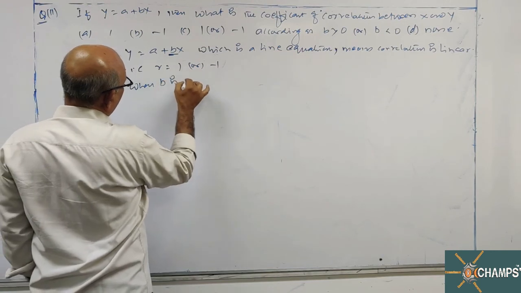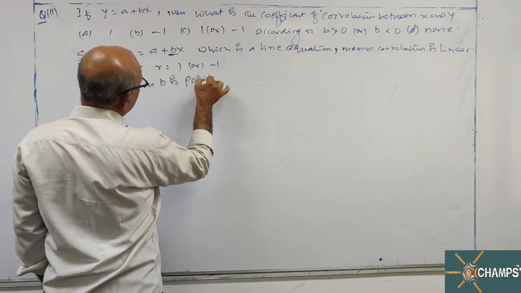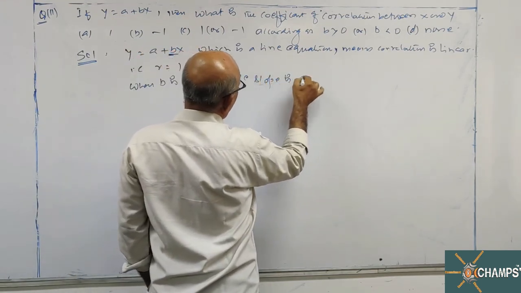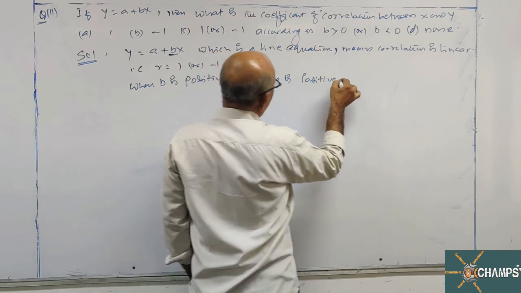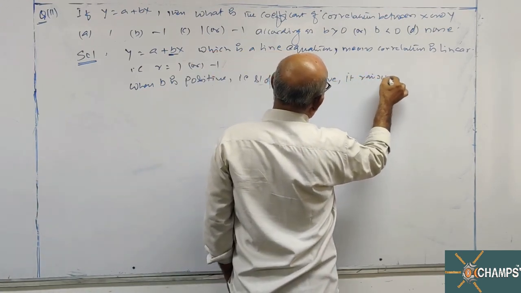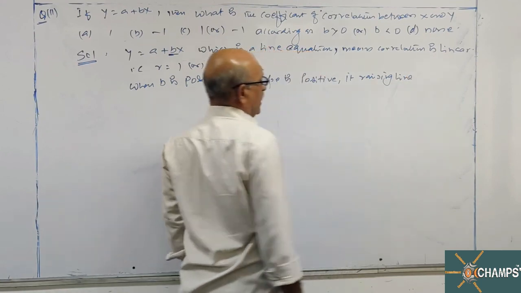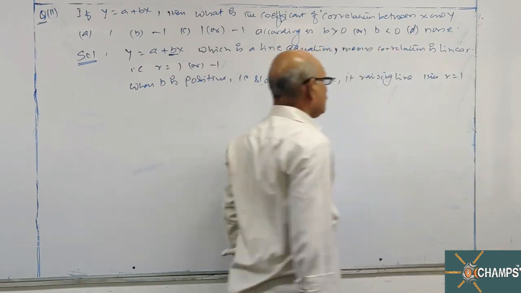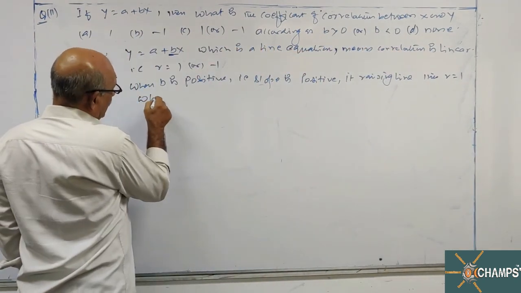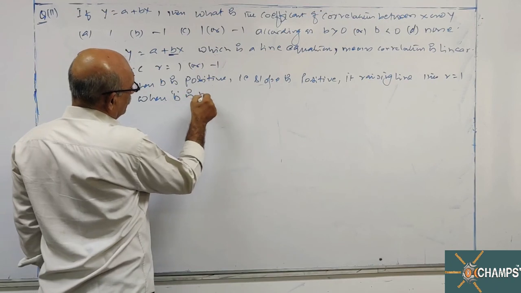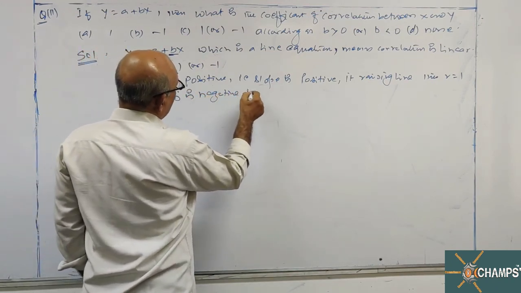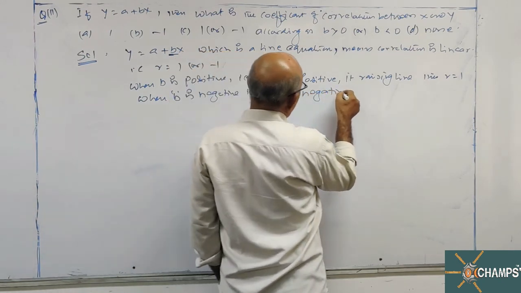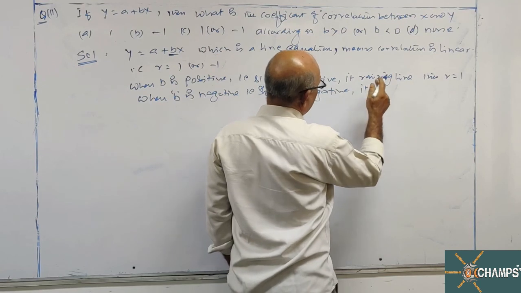When b is positive, that is slope is positive, it is a rising line. Then R is equal to 1. When b is negative, that is slope is negative, it is a falling line.